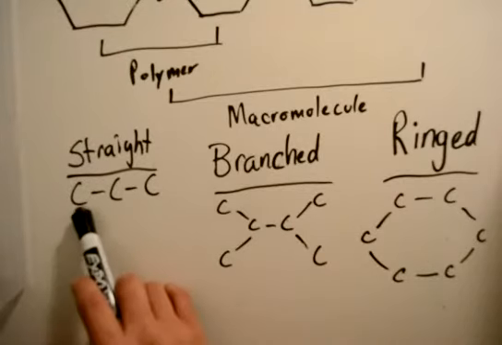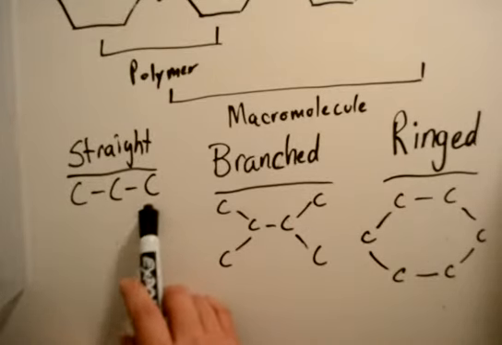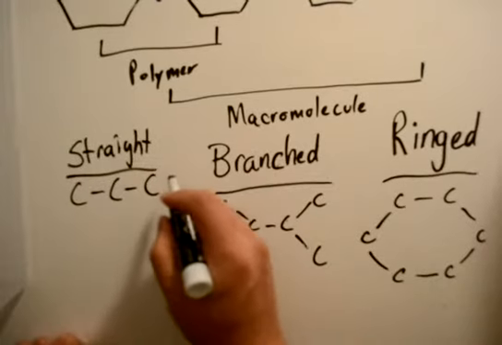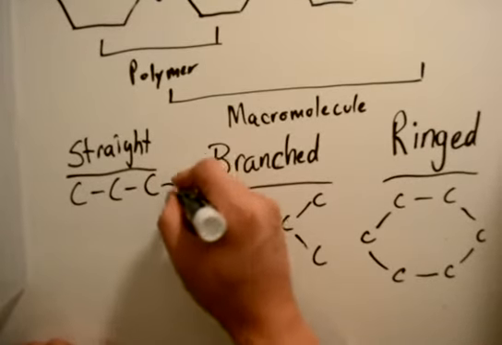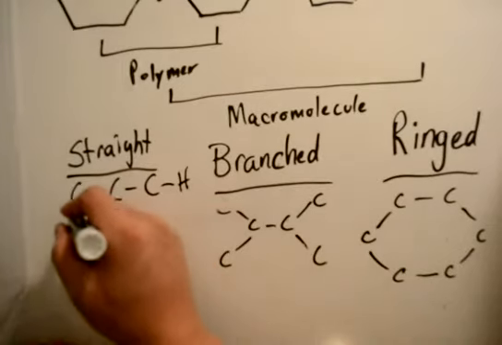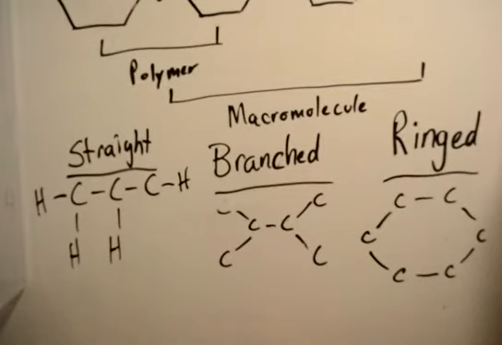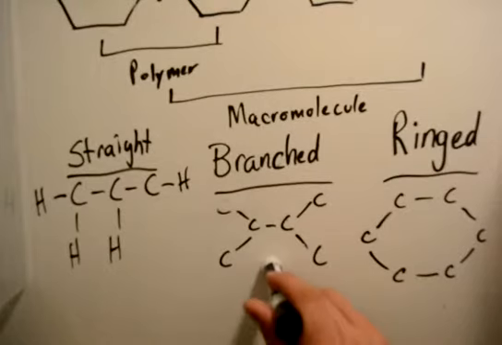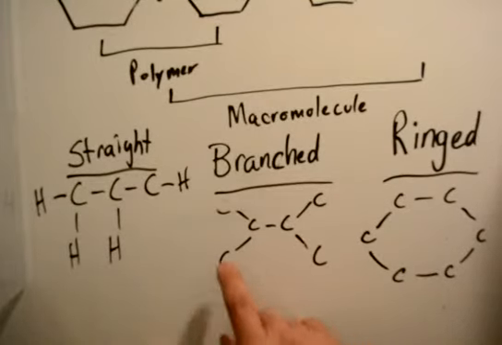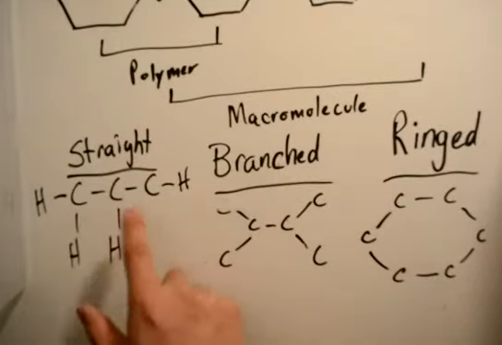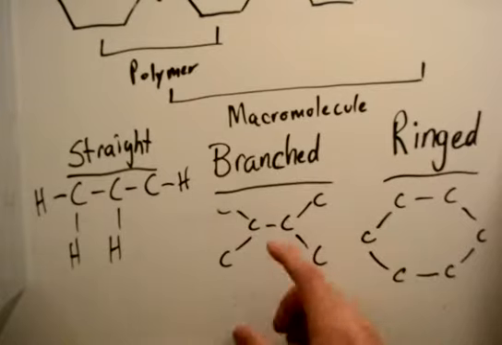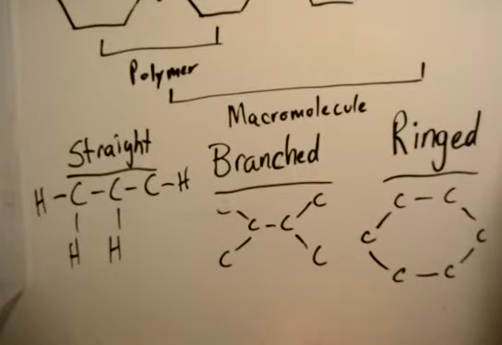Now this one is just our straight hydrocarbon chain. So if we were to add hydrogen, this is what we would typically see with a lipid. This is a branched shape where the hydrogen is not going to form this straight shape, but instead it's going to spread out so that you're going to see some type of 3D dimensional curving, 3D dimensional shape occurring.